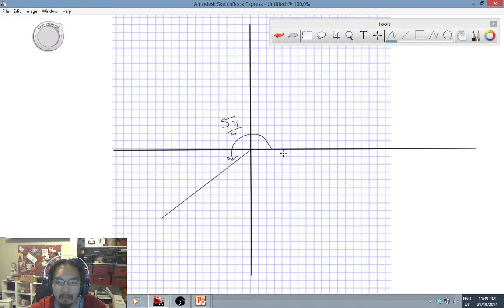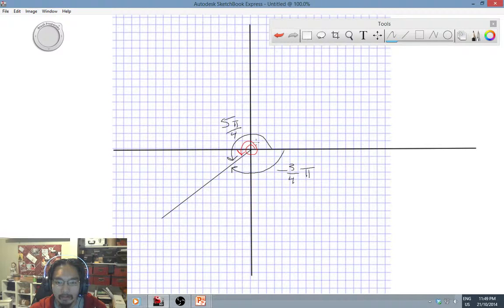Well, you can go around this way. Okay, this will be negative 3/4 pi. That's one possible angle. Another possible angle is around once.